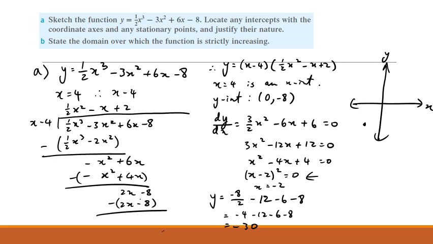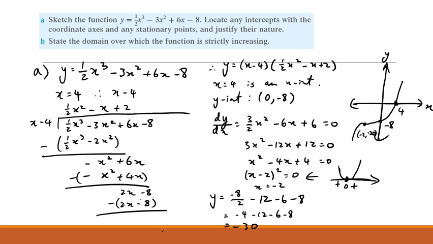Because this is a perfect square, we have positive, 0, positive. So it must be a point of inflection. That doesn't look nice. I'm just going to rub that out. There we go. So it's 4, it's -2, -30. And then our y-intercept is -8.